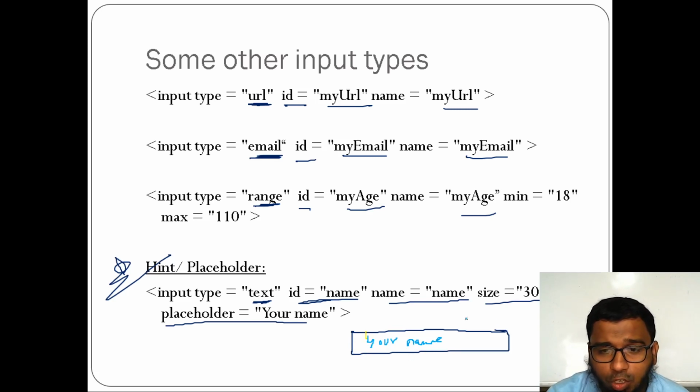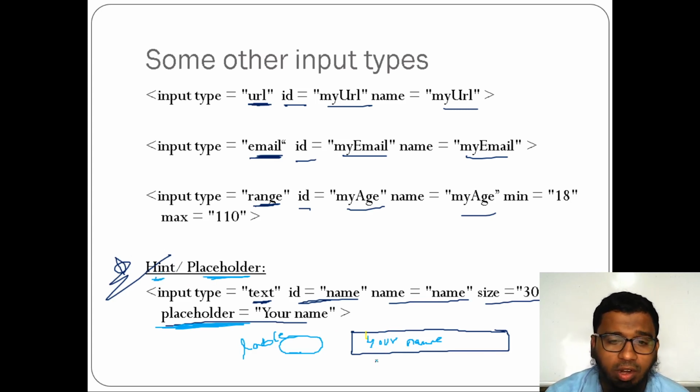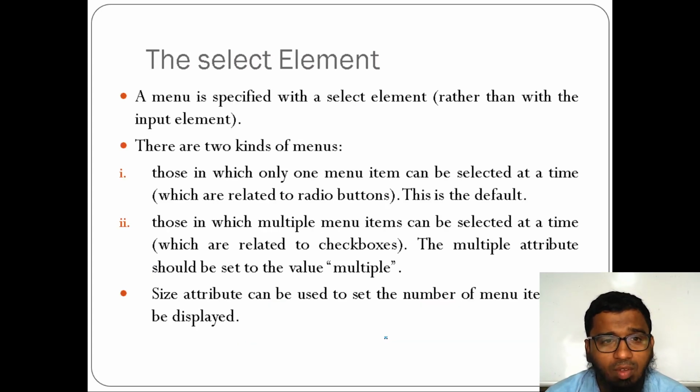So the text box itself is telling you what to do. If you don't have the label, no problem. The placeholder is telling you to write your name. So this is like a hint or placeholder for the user to identify what we need to write in this text box. So today I will stop here.